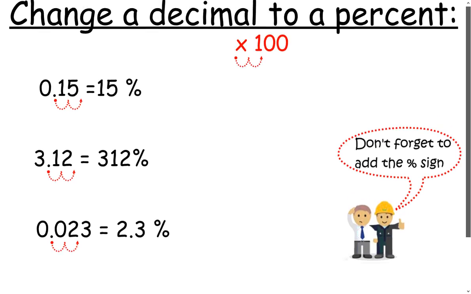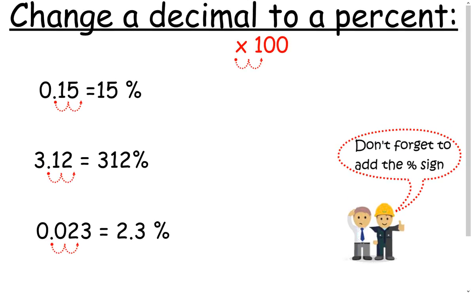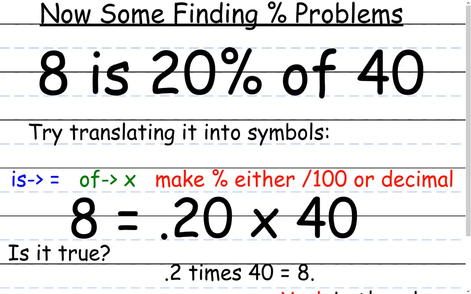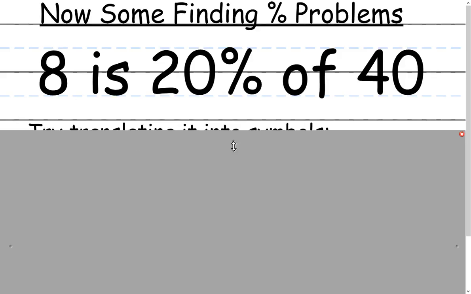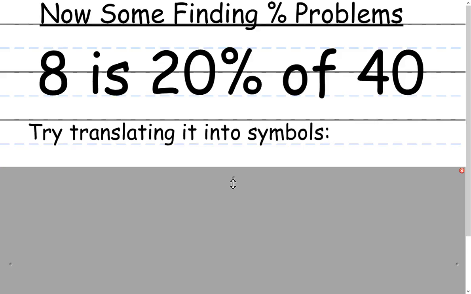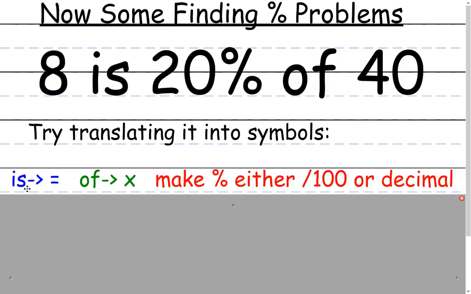Okay, moving on. Let's look at some percent problems here. Okay, so it says 8 is 20% of 40. It's like a number sentence. And we could try translating that into symbols. Just a little review: is means the same as the equal sign, of means multiply.